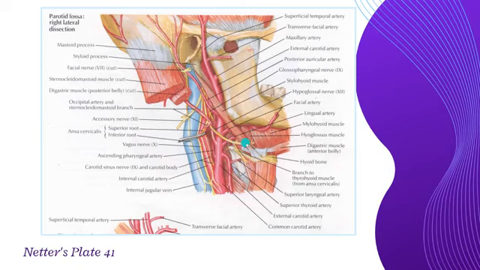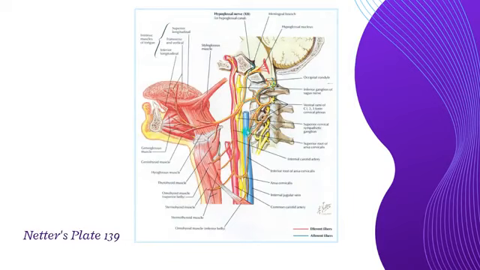Now, when we get opposite of C1 or the atlas, then you will see that it is joined by fibers from the ventral ramus of the C1 spinal nerve. And we've talked about that already, right? Those C1 fibers will supply the motor innervation to the infrahyoid muscles and geniohyoid, and then sensory innervation to the dura mater of the posterior cranial fossa.